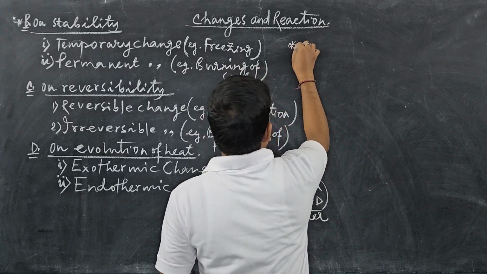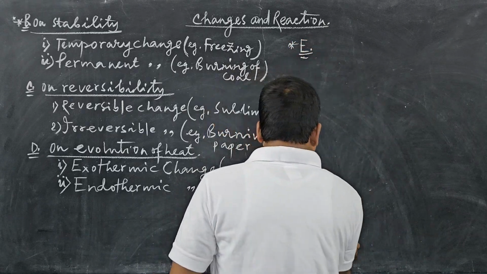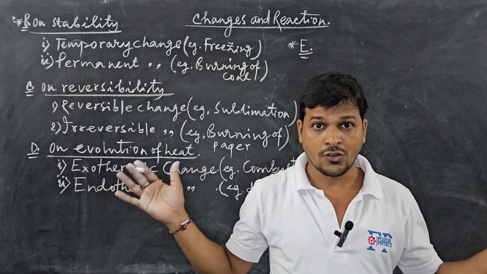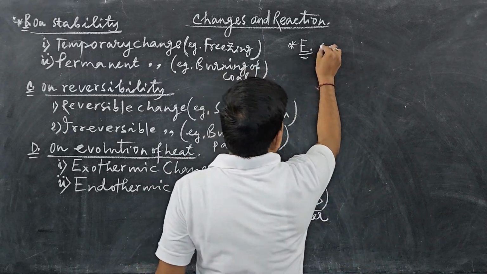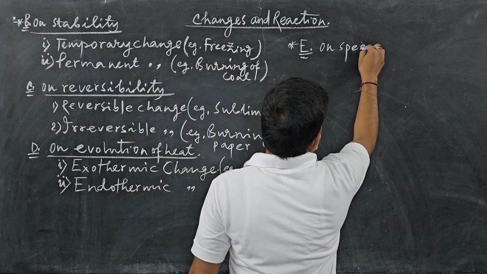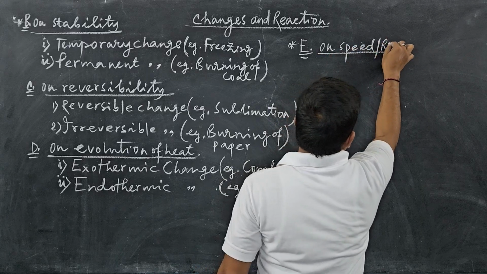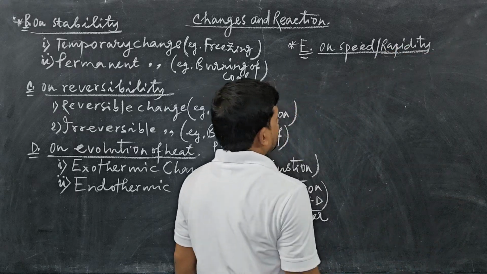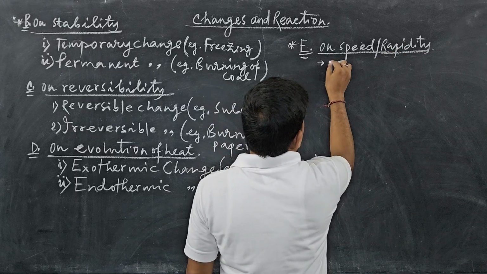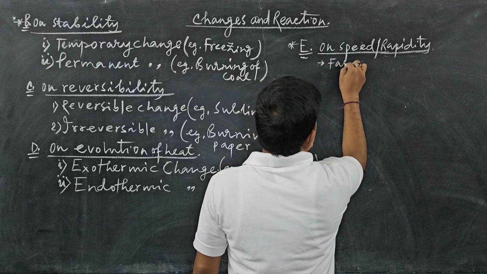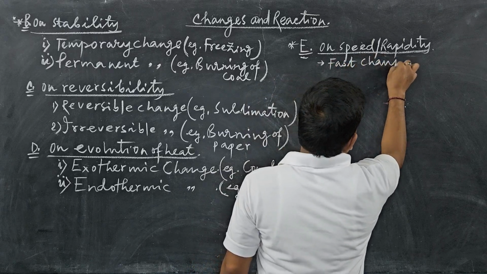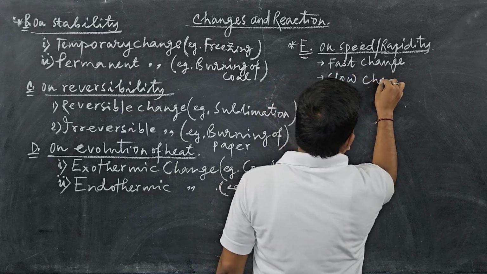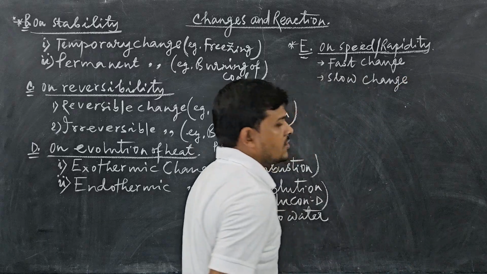Another type of change, number E, depends on the speed or rapidity of the change: either the change occurs very fast or not. Depending on how fast the change takes place, changes are of two types, the fast change and the slow change.